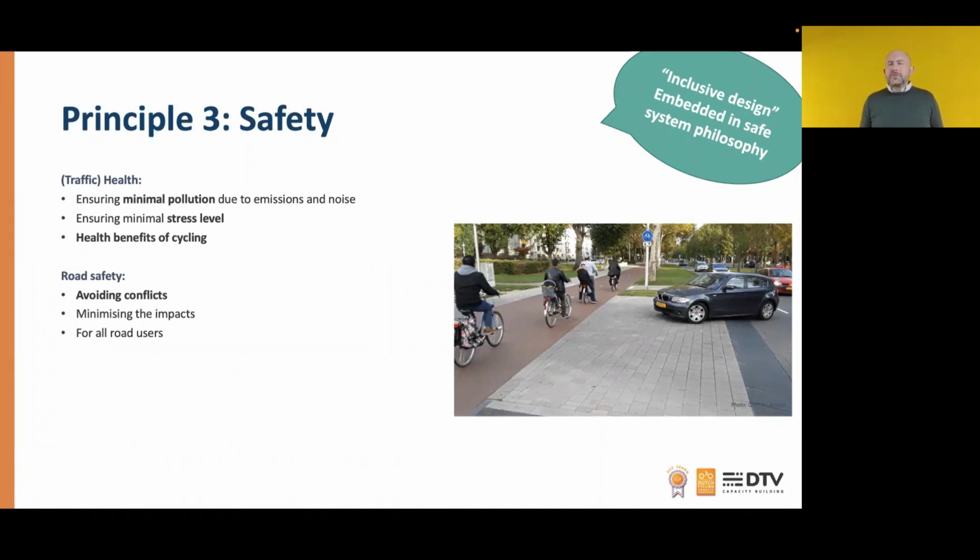When we talk about safety, we actually distinguish two elements. We think about health and road safety. Let's step into health first, which is really about lowering stress levels, thinking about the benefits in terms of health, and minimizing exposure to pollutants such as exhaust fumes, PM10, particulate matter, NOx, etc. So all these exhaust fumes are causing negative health effects.